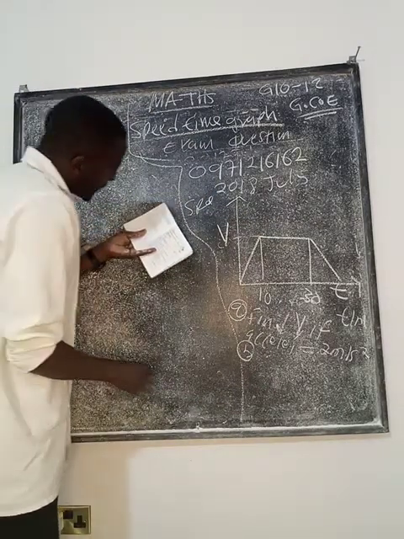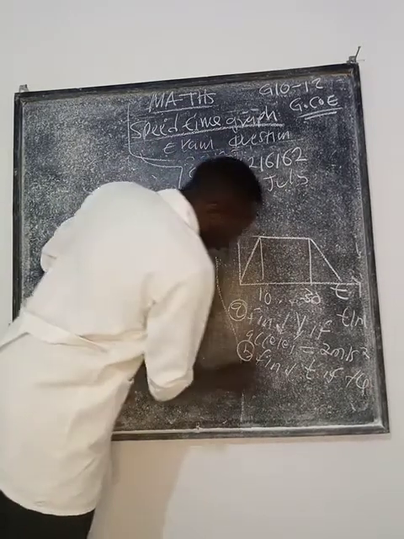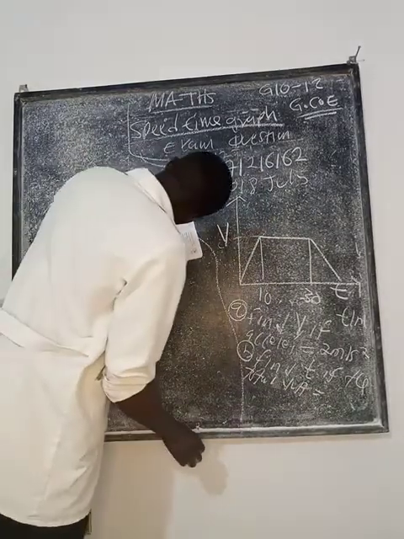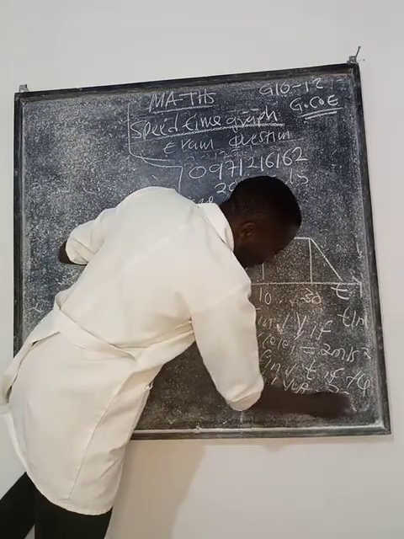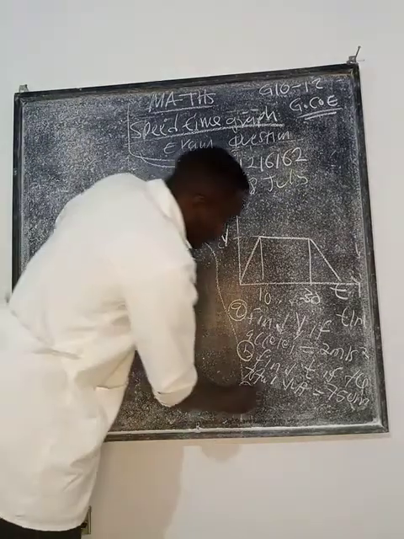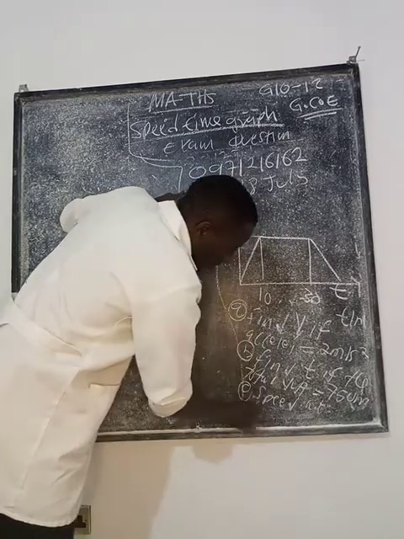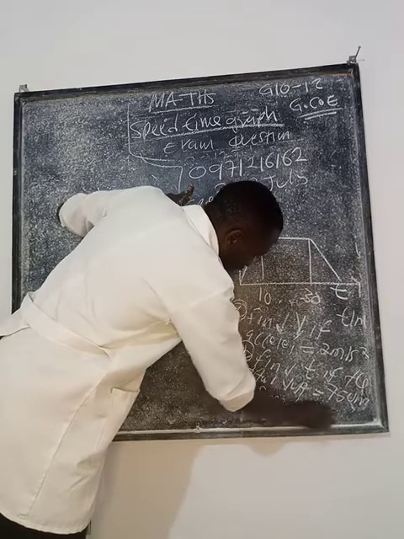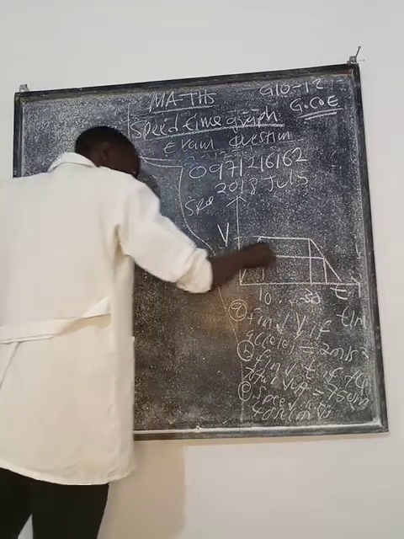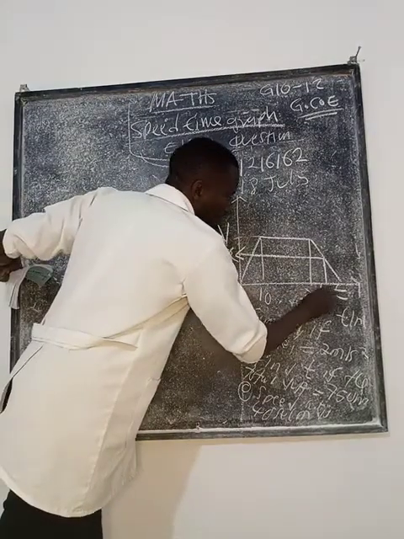Then they said find T if the total distance is equal to 750 meters. Then the last question says, what was the speed at 40 seconds? Speed at 40 seconds is somewhere here. What was the speed here? The x, which we don't know. That's what they mean. 40 seconds is somewhere there.